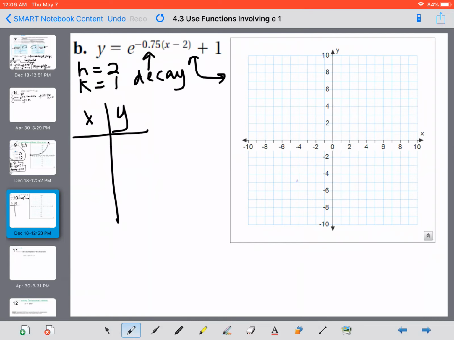Okay, the y value that's going to fit on our graph, when x is negative 1, then y is 10.4. So that's going to be off of our graph a little bit. Now go to 0. When x is 0, y is 5.5. It's a little high.